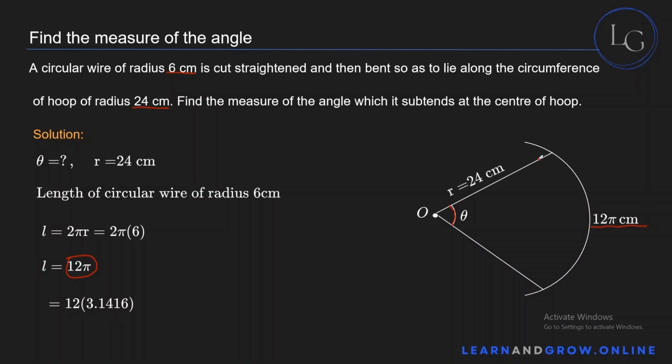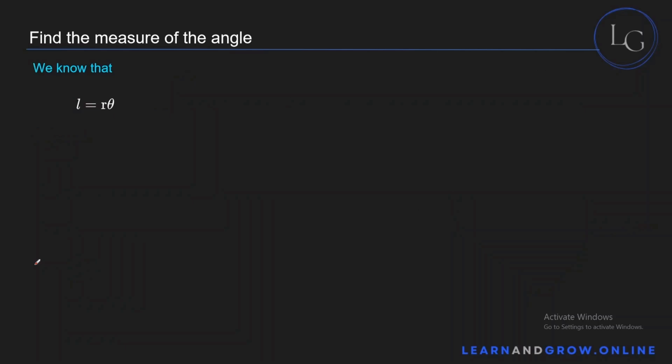So 12 times 3.14, that's just the value of pi, gives you approximately 37.7 centimeters. Now we know that L is equal to r theta, and theta is equal to L over r, and we already know that the length was 37.7 and the radius is 24 centimeters. So that gives you an angle of 1.57 radians. Again, remember, in this formula, the angle theta must always be in radians.